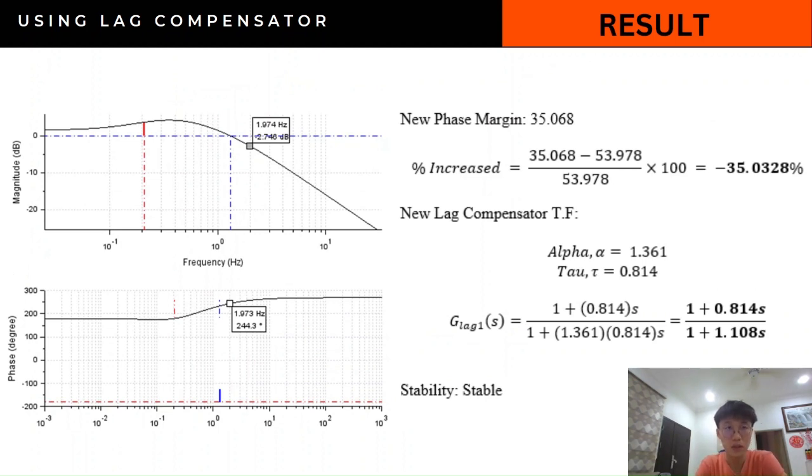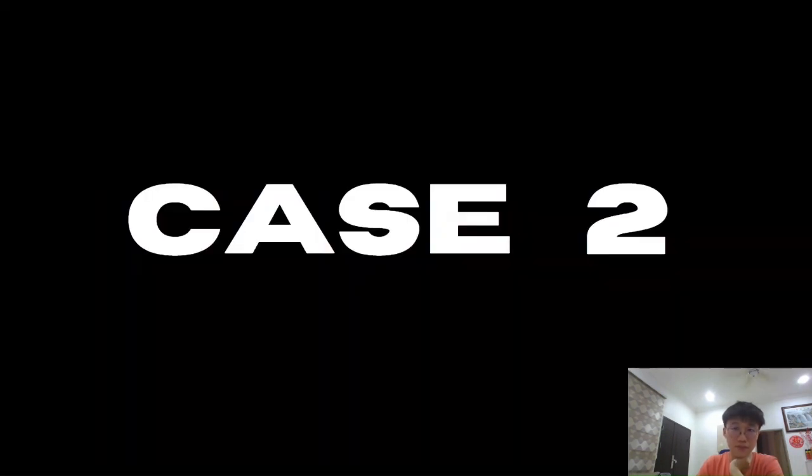So for the lag compensator, we also get a new phase margin of 35.068, and the percentage increase is negative 35.0328%, which is inversely from our result from lead compensator.